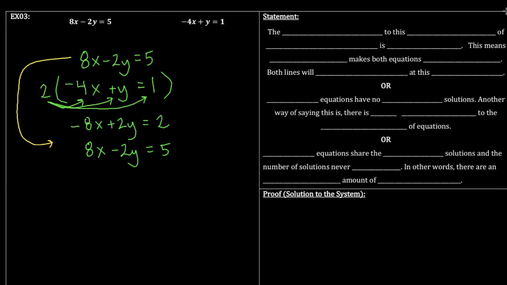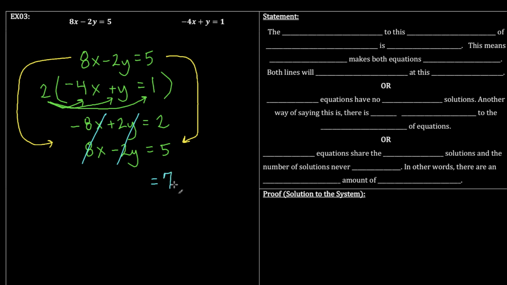So I will put another arrow just in case you didn't quite understand. Okay. So if you notice, these 8x's will cross out. We end up with 0 x's, and we end up with 0 y's. But this time we don't end up with 0 here. We end up with 7.